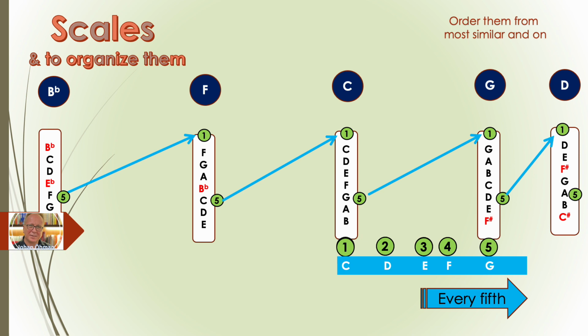We can also look at the F, just for reference. The 5th note in F is C, and that fits with the C that we have, so that's okay. And the 5th of B flat, the furthest to the left, is F, so we would have a B flat scale there.